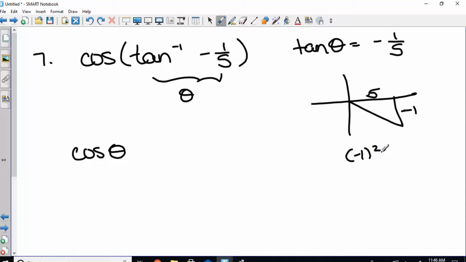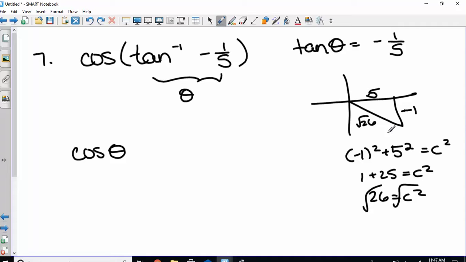So a squared plus b squared equals c squared. Hypotenuse is always positive, so that is radical 26. So now I need cosine, adjacent over hypotenuse, which gives you 5 radical 26 over 26.